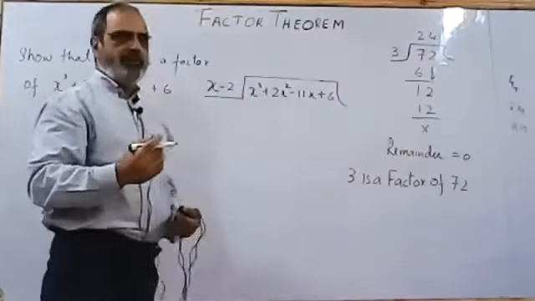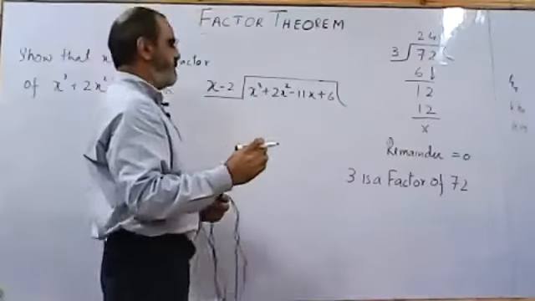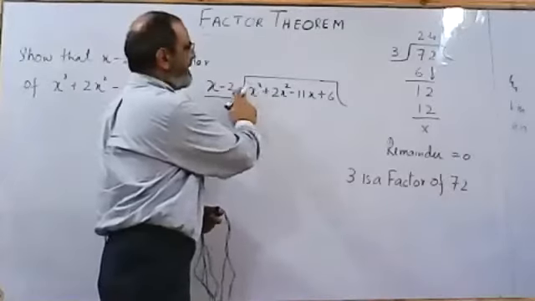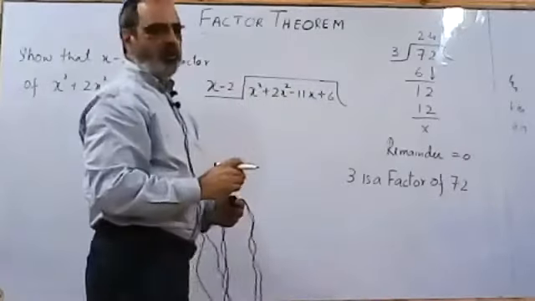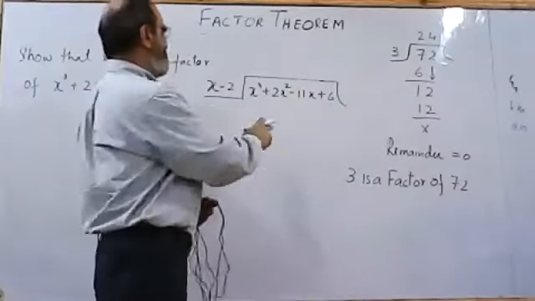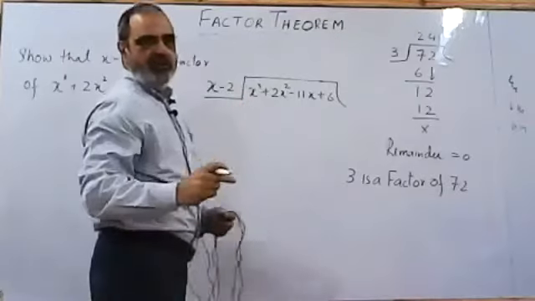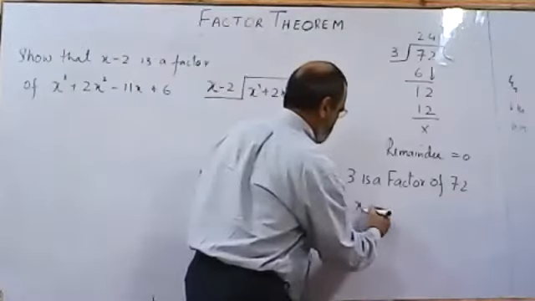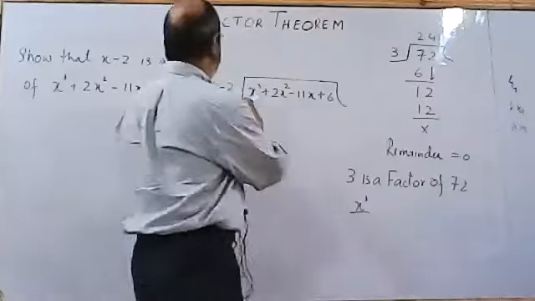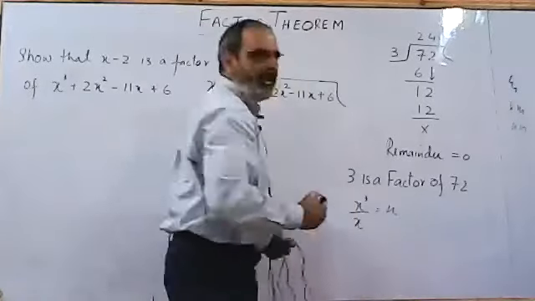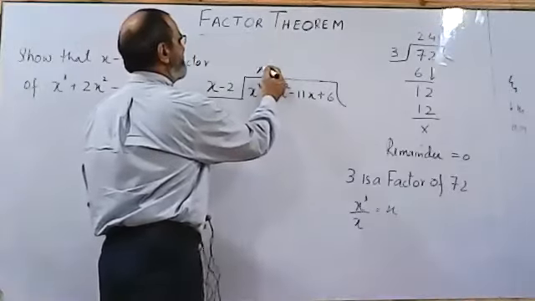I'm going to divide the polynomial by x minus 2. Yesterday I told you the technique. First of all, you have to arrange the polynomial in descending order. The divisor should also be in descending order. The first term of the dividend divided by the first term of the divisor gives the first term of the quotient.